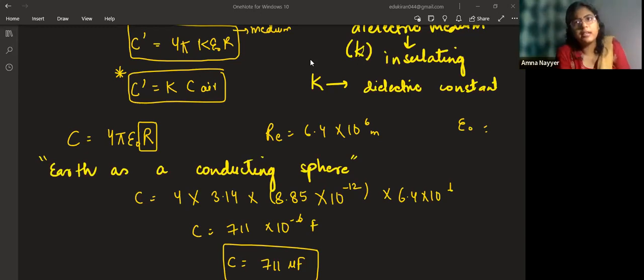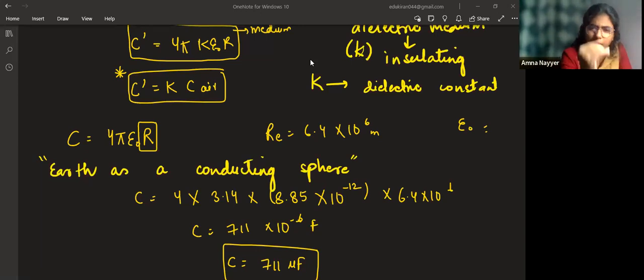But that depends. If hypothetically we are talking about, let's take a medium oil, for example, if the entire Earth has been dipped in oil, then multiply your answer, 711 microfarad, with the dielectric constant K of oil. But since we already know that Earth is present in vacuum, free space, that's why we take this epsilon.